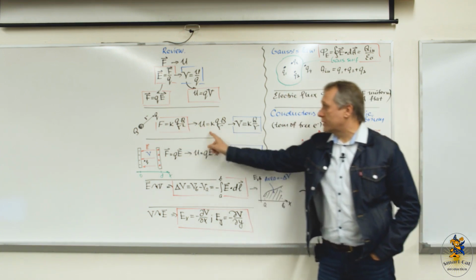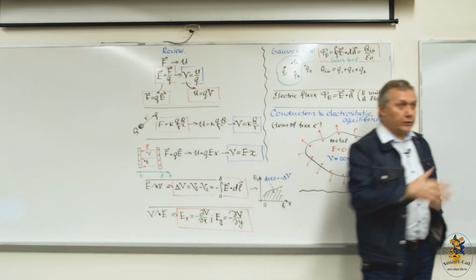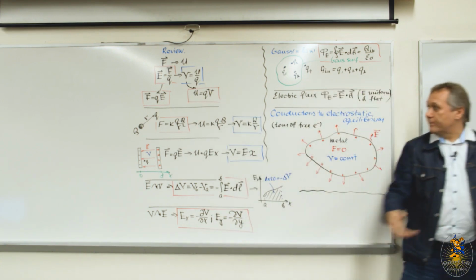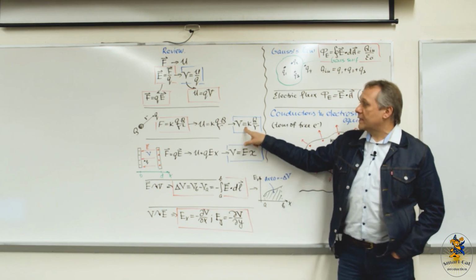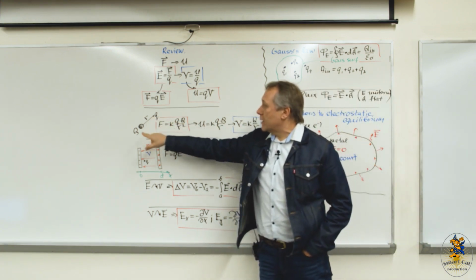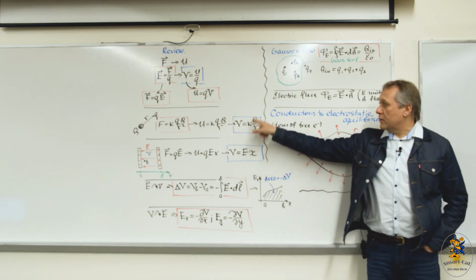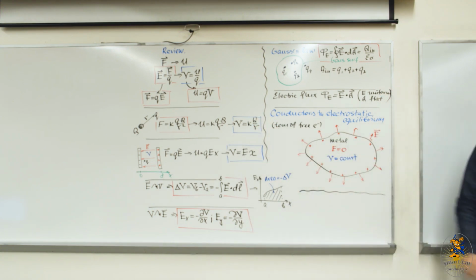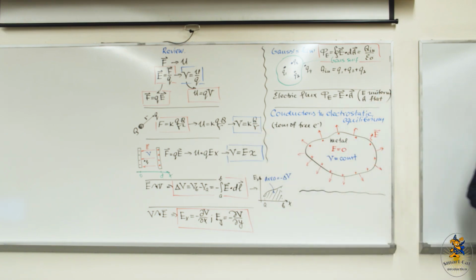Again, vector quantity, scalar quantity. And then if you introduce electric potential, you just basically need to remove the value of the probe charge. You will get the electric potential at this point created by that point charge Q. It's kQ divided by r. So very important things. Of course, we're going to use it.